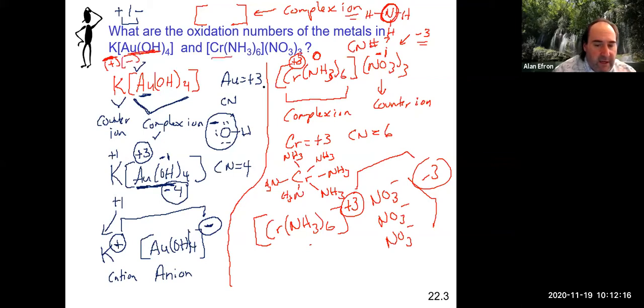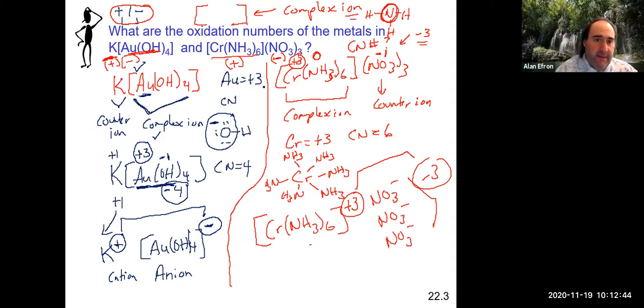Opposite here, the complex ion comes first in the formula, which means overall it's going to be positive. The counter ion comes second in the formula, and that guy will be negative. So just like an ionic compound always has that positive guy first, negative guy second, the same sort of thing happens here with coordination compounds. Any questions on how to identify oxidation states, coordination numbers, and that type of stuff?